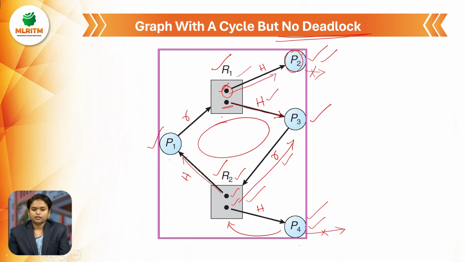So a cycle is there, but there is no deadlock because multiple instances are there in resource types R1 and R2. If there is a single instance, there might be a chance of deadlock occurring. If there are multiple instances, there is a cycle but no deadlock.